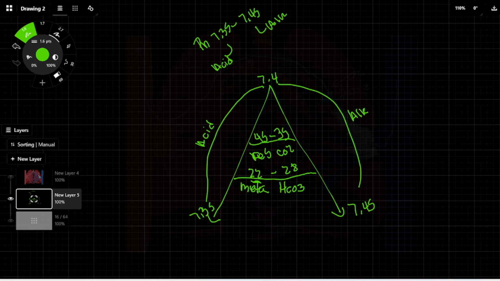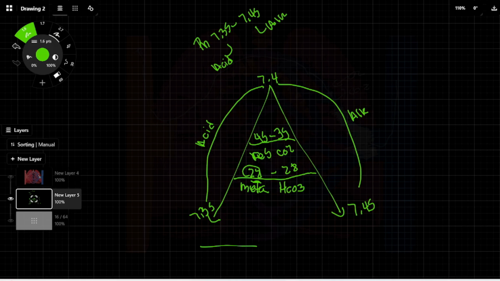And that's because HCO3, or bicarbonate, binds with hydrogen ions, and that's really what acid is, hydrogen ions, and it becomes CO2 and water. So if you add acid to something with HCO3 in it, the HCO3 disappears and ultimately becomes CO2 and water. So the less HCO3 we have, the more acidotic the patient is.